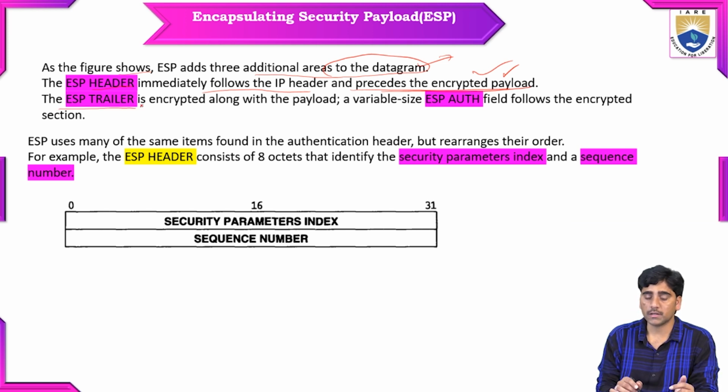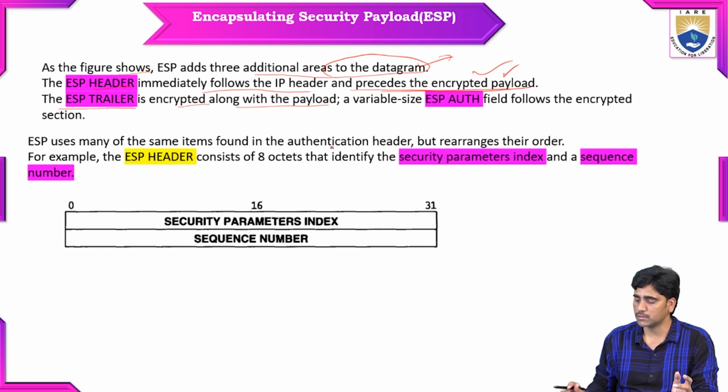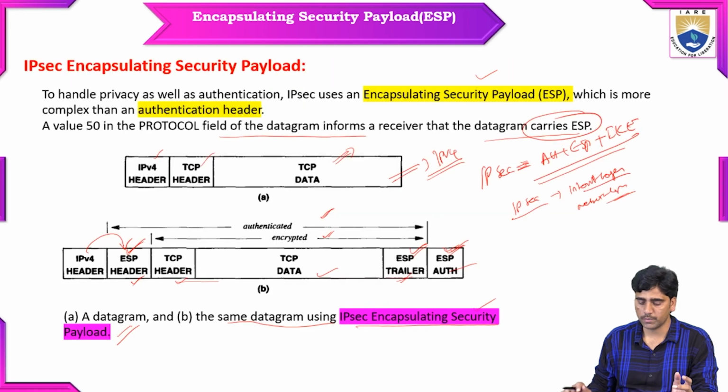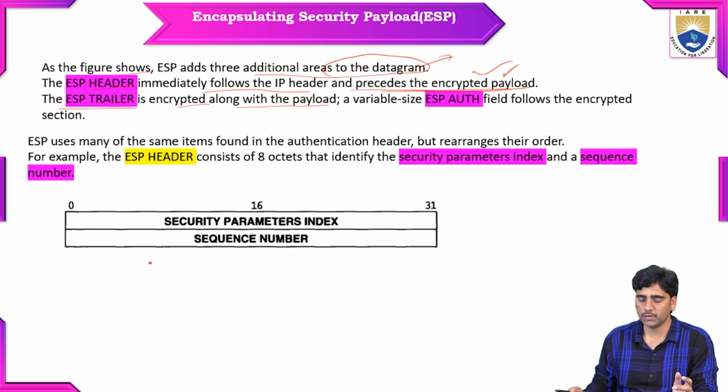The ESP trailer is encrypted along with the payload. A variable size ESP authentication field follows the encrypted section.